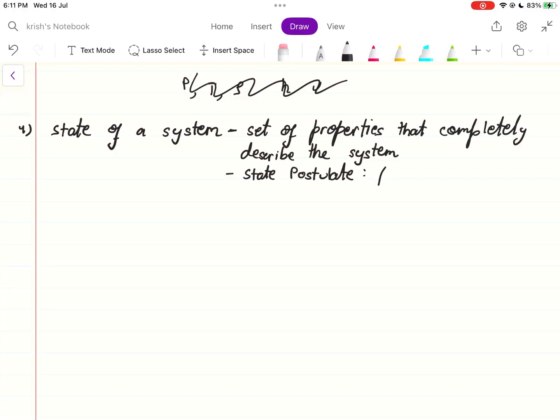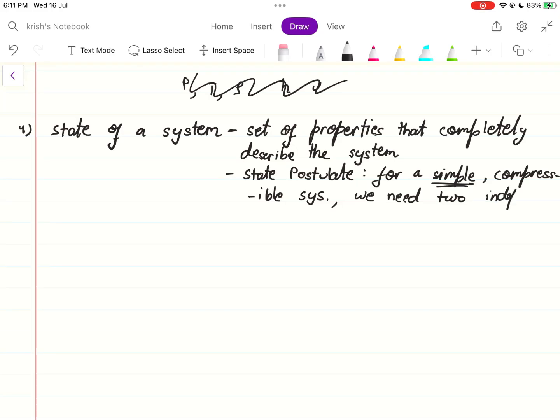It states that for a simple, please note the word simple, compressible system, we need two independent properties. Independent is the keyword here.